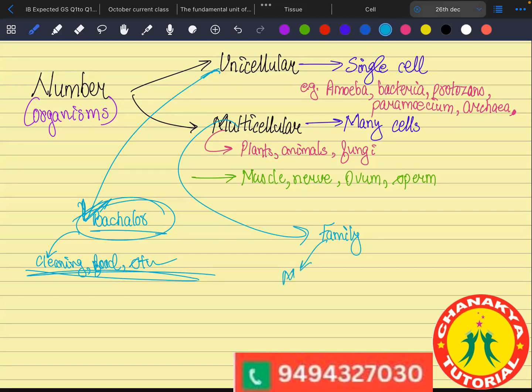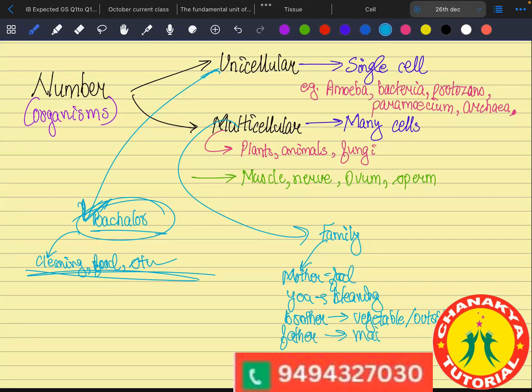The mother is making food. You are cleaning your home. Your brother is bringing the vegetables or doing some outside chores. Your father is maintaining electricity or something.